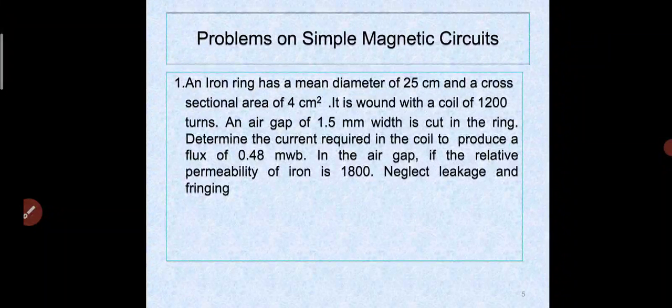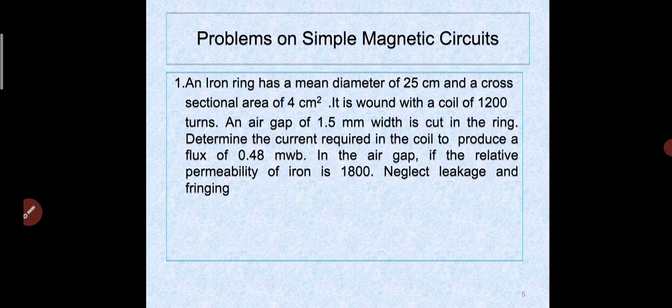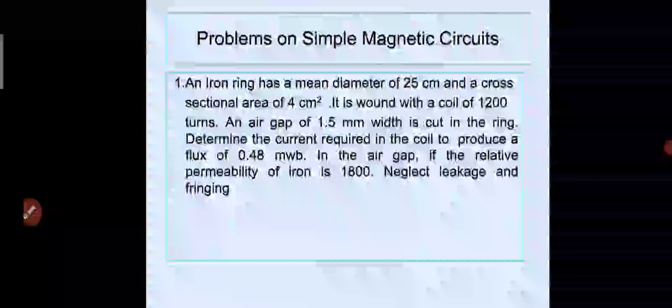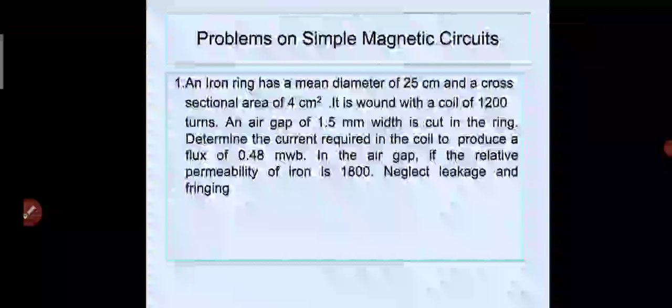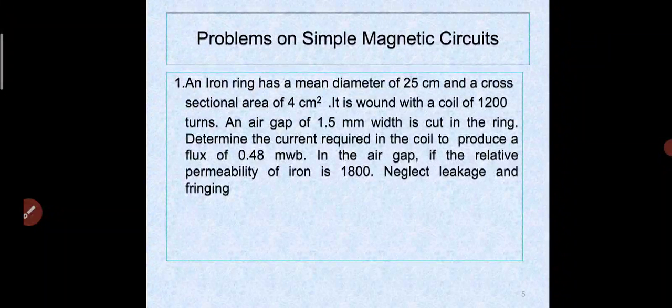Determine the current required in the coil to produce a flux of 0.48 milliwebers in the air gap, if the relative permeability of iron is 1800. Neglect leakage and fringing.